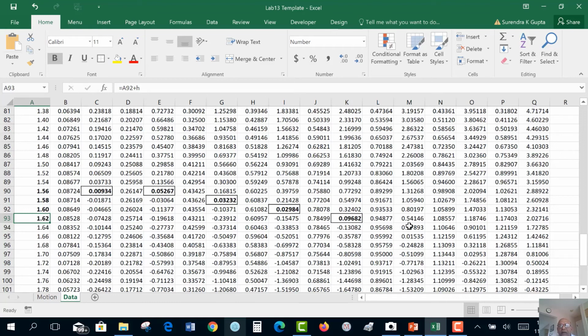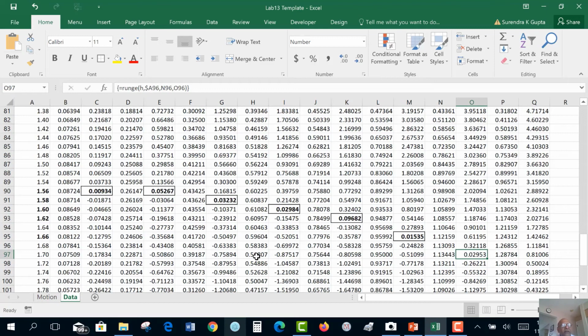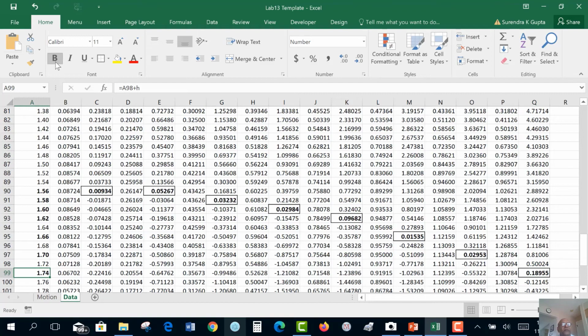and then we have 1.66. And then we have 1.70. And 1.74.